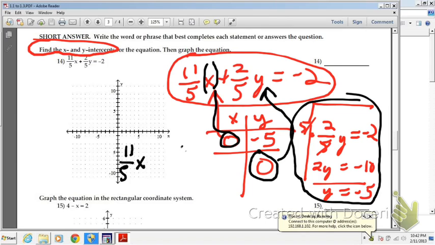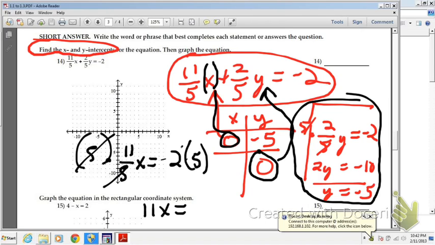Multiply both sides of the equation by 5 to undo that dividing by 5. So you'd arrive at 11x equals -10. So what does that mean? That means that x equals -10/11ths.